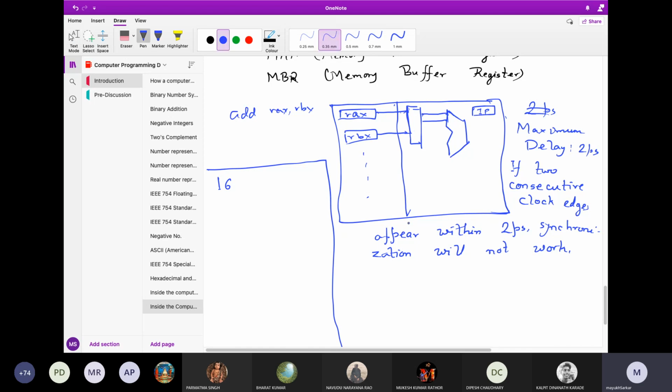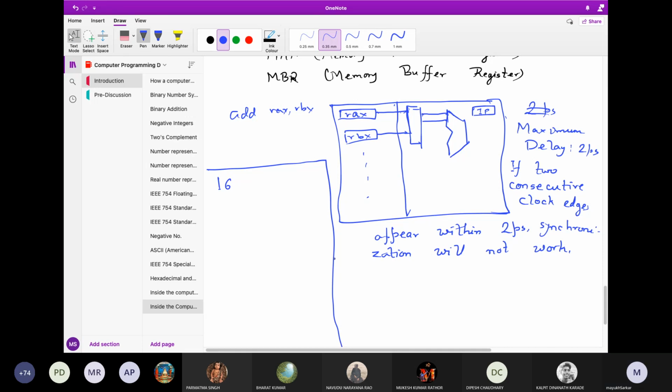Otherwise there are buffers all around to synchronize the signals, but they do not hold any data particularly. They are just there to make the synchronization work. Even though the design is the same, we call them buffers or registers: registers are meaningful, buffers are just a part to make the synchronization work.